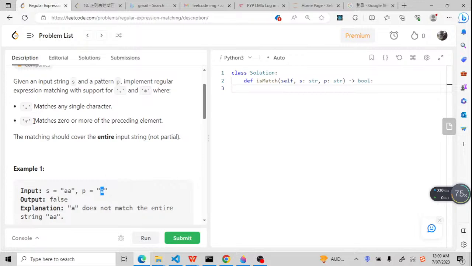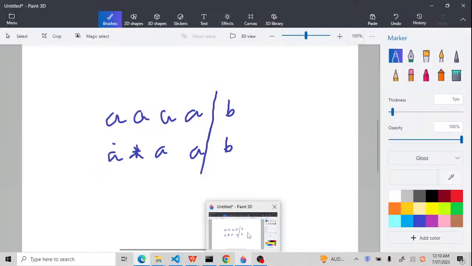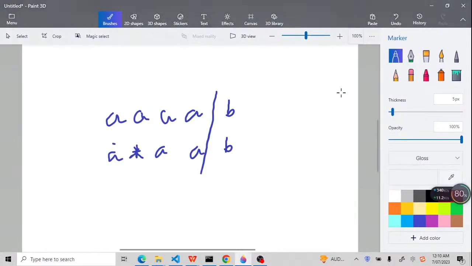I think I need to explain it on a whiteboard. For example, after A there is a star. This means the whole part can become an empty string, or it can become A, or it can become a lot of A's. Now let's go back to the problem.